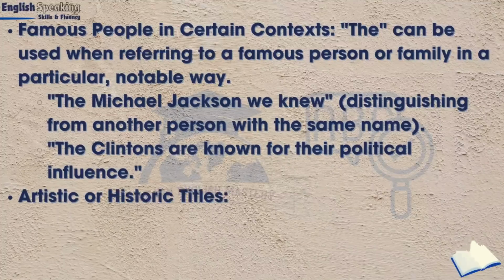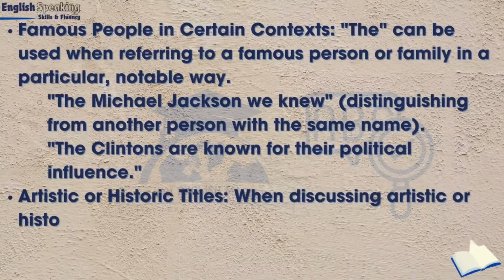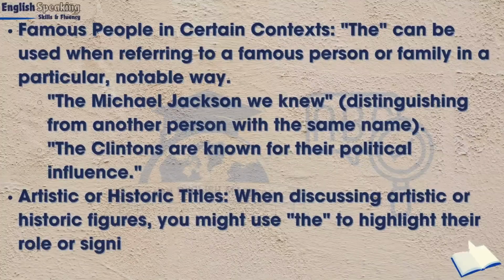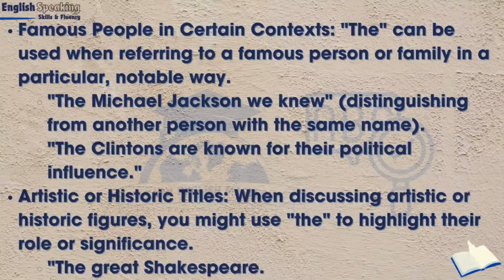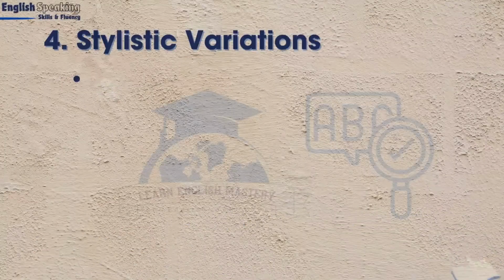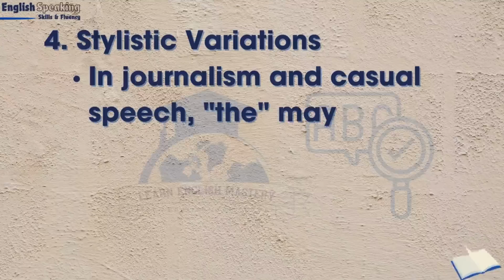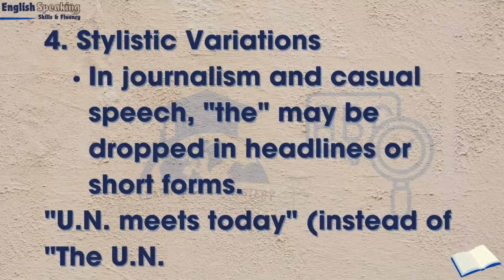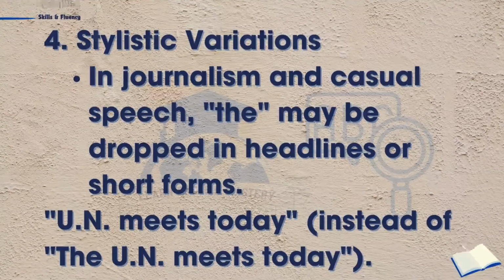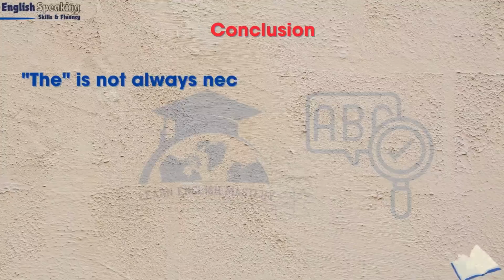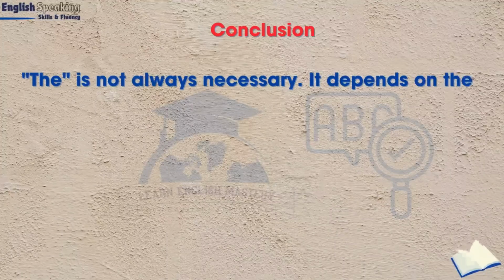Artistic or historic titles: when discussing artistic or historic figures, you might use "the" to highlight their role or significance: the Great Shakespeare. 4. Stylistic variations. In journalism and casual speech, "the" may be dropped in headlines or short forms: "UN meets today," instead of "the UN meets today." Conclusion: "the" is not always necessary.